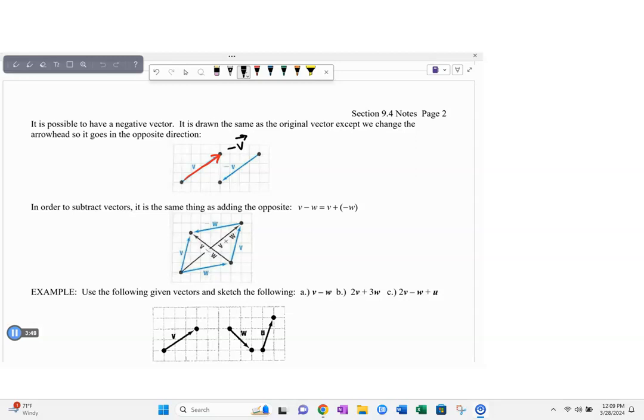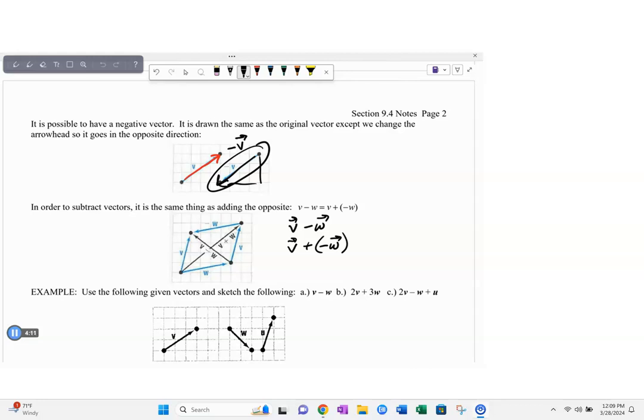It's just going in the opposite direction. That's all the negative does. So if you're doing v minus w, you just go v plus, and then you go in the opposite direction of w. That's how you work with adding and subtracting.